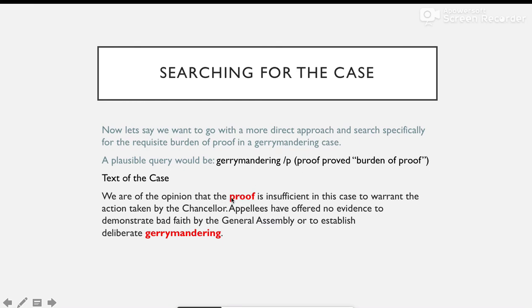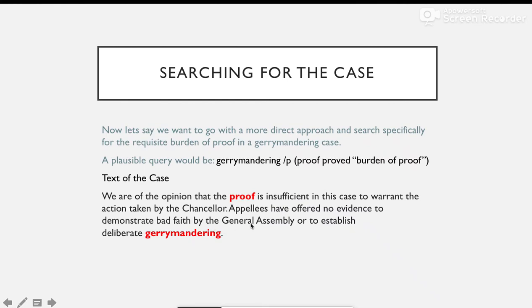So our search was successful. Also, this gave us the subject matter we wanted. It gave us the answer that we wanted. We found a burden of proof that we needed to establish for a gerrymandering case: that we needed to demonstrate a bad faith redrawing of the lines by the General Assembly.